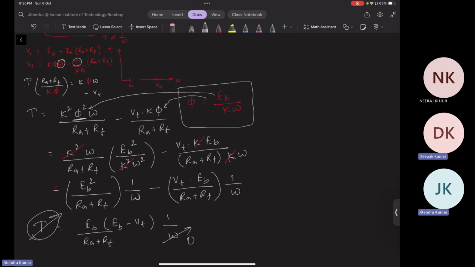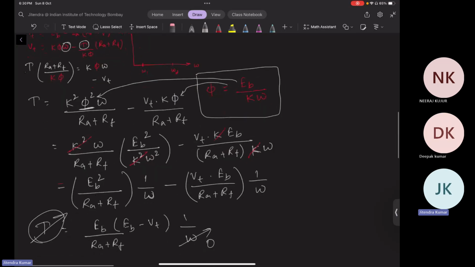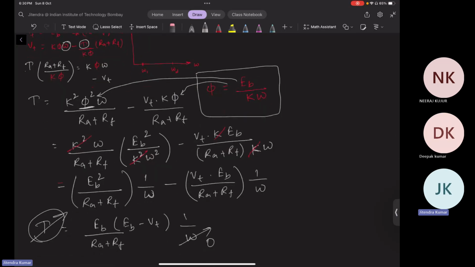Sir, in DC motor, we cannot start without any load due to this highest torque. Yes. Because of very high starting torque, we do not generally start at no load. That's the reason behind it. So we should have certain load so that some current is there.